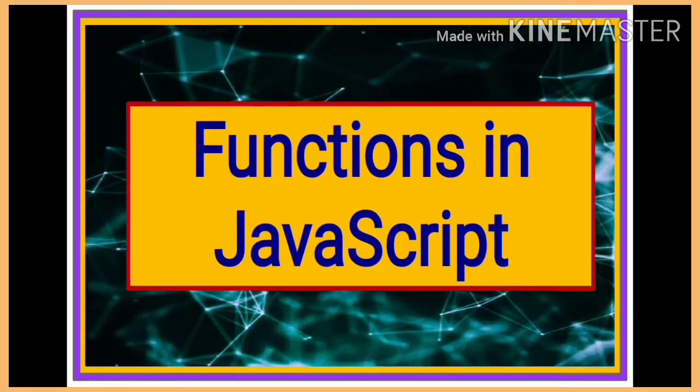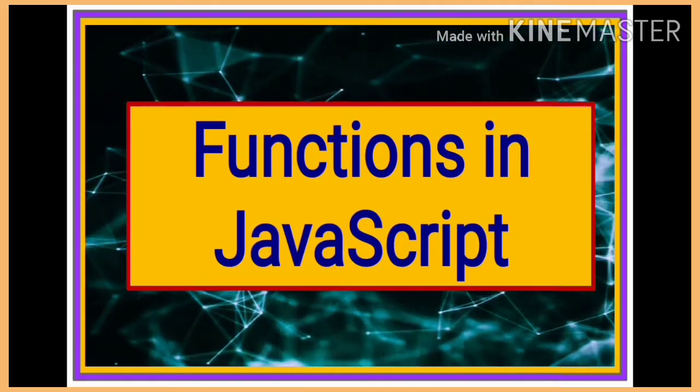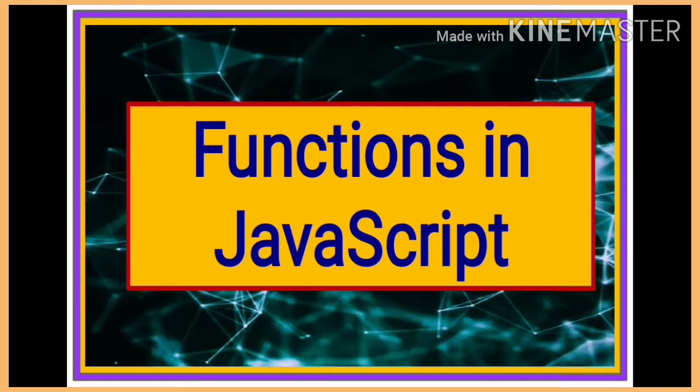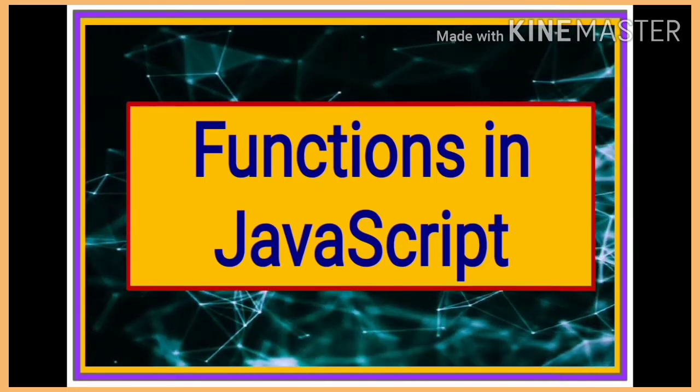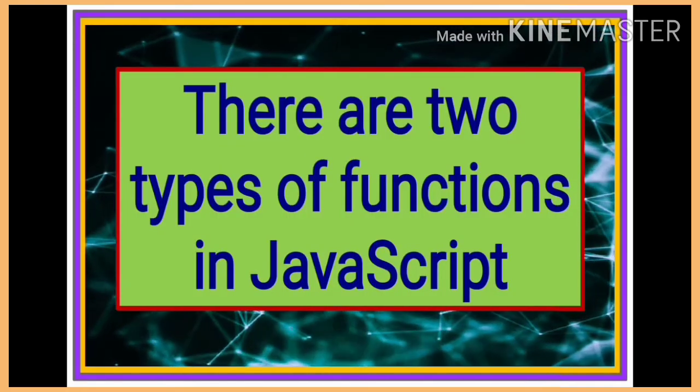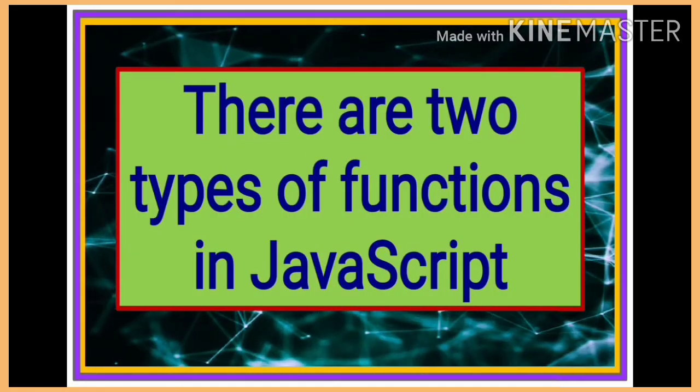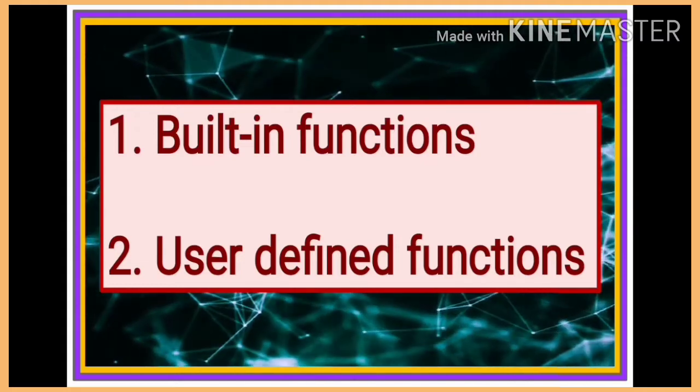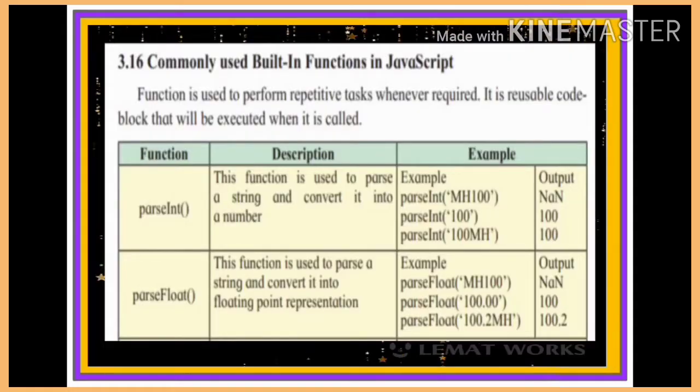Students, today we are going to start our next important topic of JavaScript, functions in JavaScript. There are two types of functions in JavaScript, built-in functions and second is user-defined function. Then what is function?